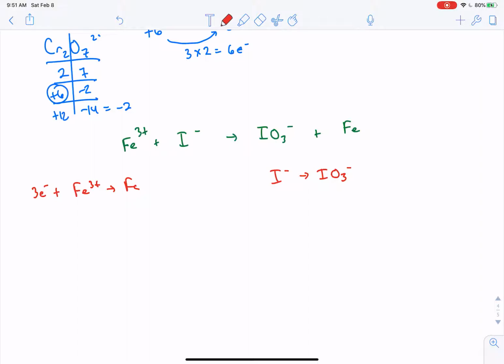I minus to IO3 minus. Okay. I's are balanced. We add 3 waters. We add 6 H pluses. Now, careful, because this is -1 on this side, and this is -1 plus 6 plus. So that's 5 plus. And this is 1 minus.